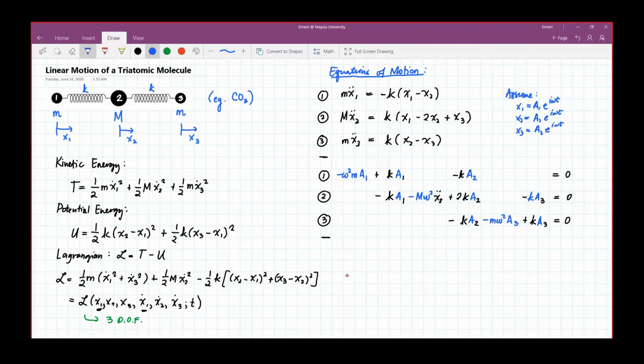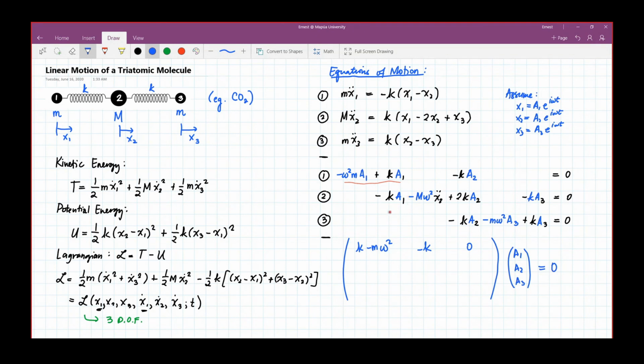In matrix form, this becomes a 3 by 3 matrix. The first row would be k minus m omega squared, then negative k, and then 0. This multiplies a1, a2, and a3 and equals 0.